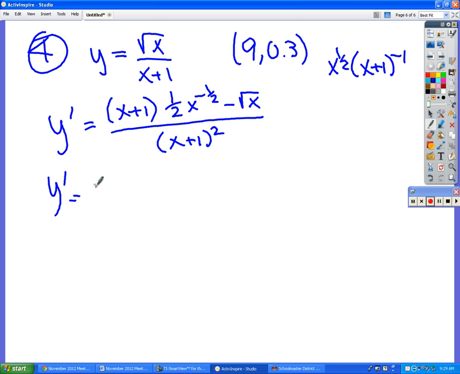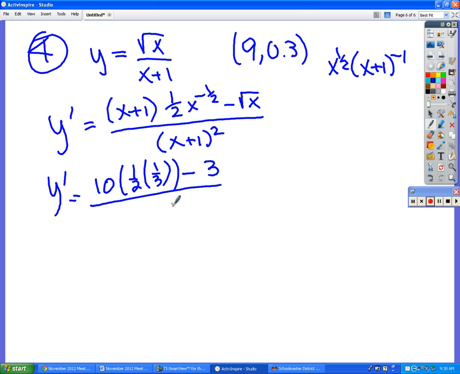So 9 plus 1 is 10 times 1/2 times 1/3. Yeah, 9 to the negative 1/2 is 1/3 because 9 to the 1/2 is 3. And since it's negative 1/2, it's 1 over 3. Minus the square root of 9 is 3.